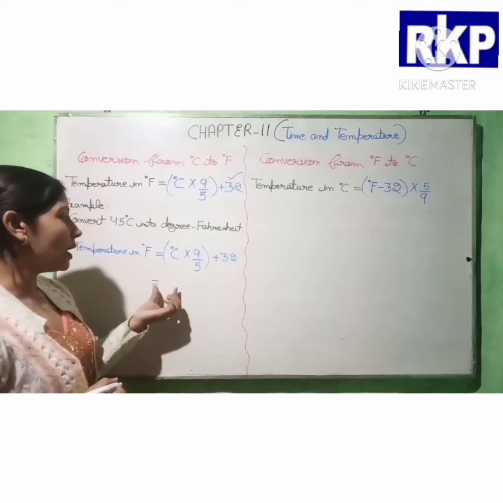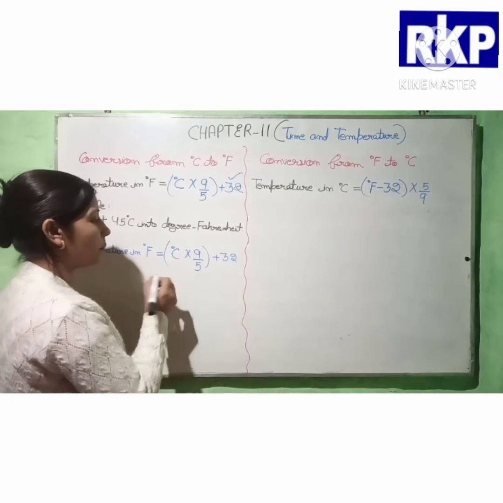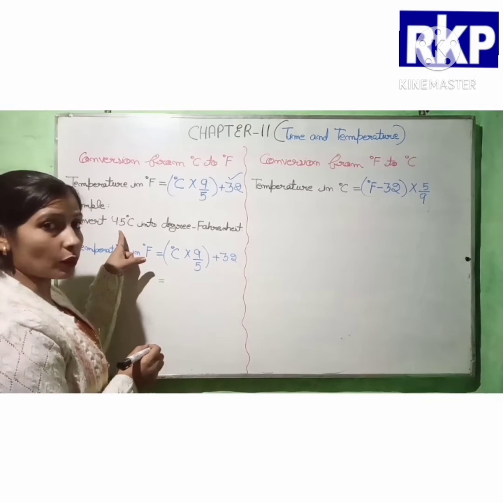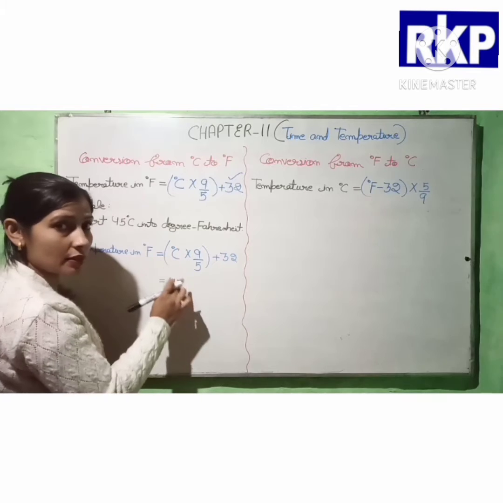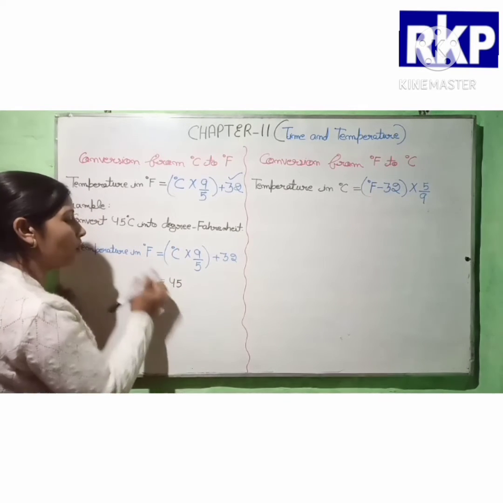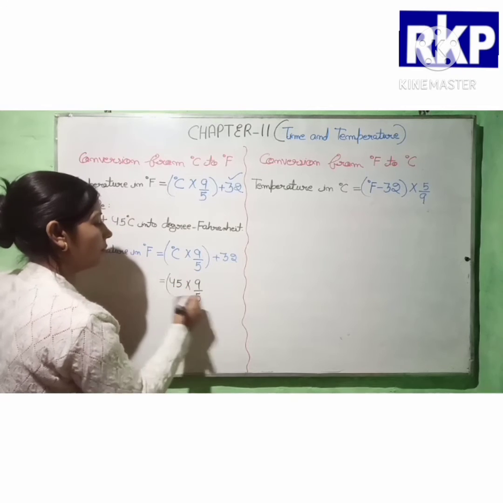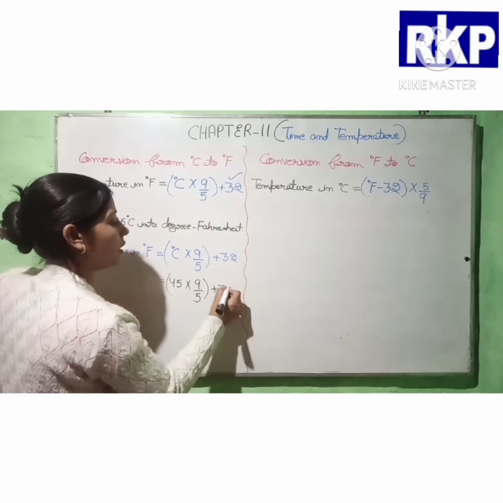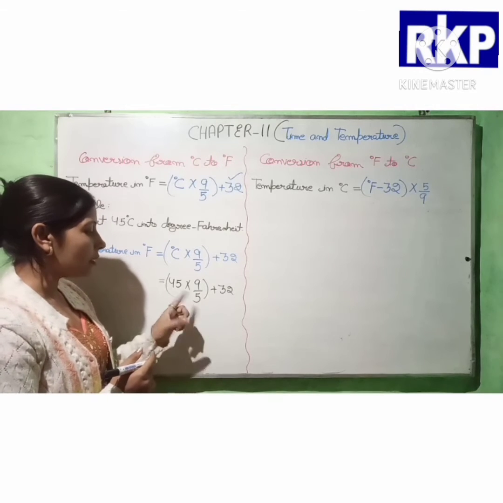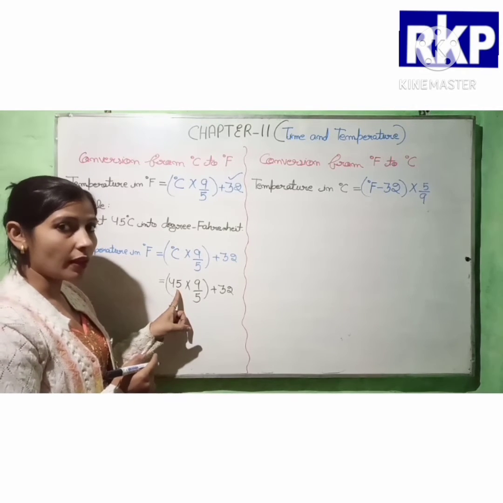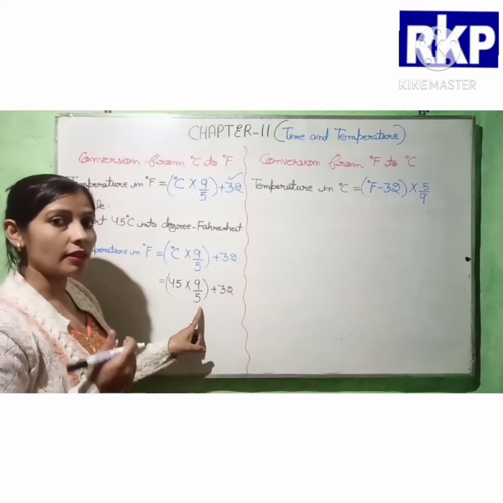So here we have to write the given temperature, and the given temperature is 45 degree Celsius. So here we write 45 multiply 9 by 5 then plus 32. First we have to solve it. Here we have 45 as a numerator, 9 and 5 as a denominator.